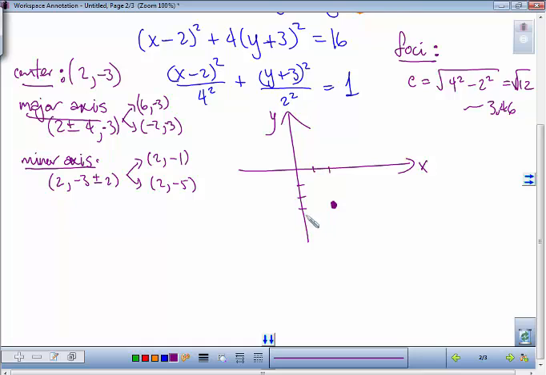Let's put this as our center point. And so that's the center. We have the major axis at 6, comma -3. This is 2, 3, 4, 5, 6, comma -3, and -2, comma -3.